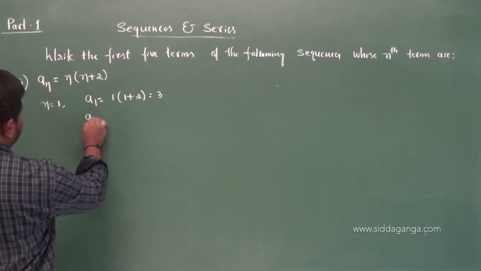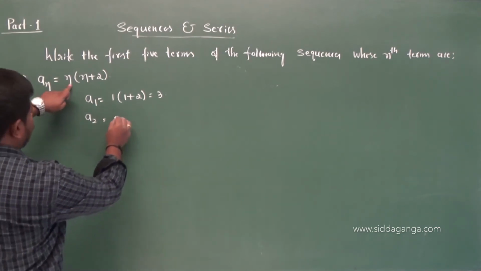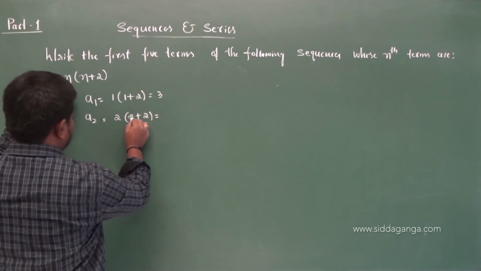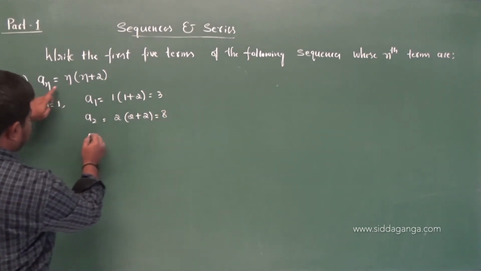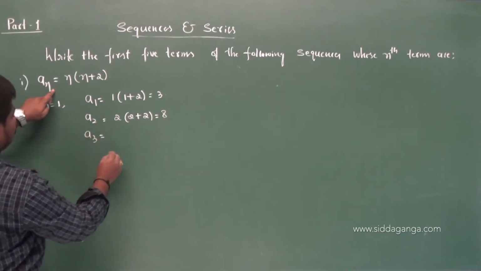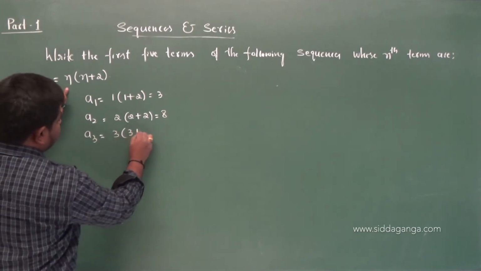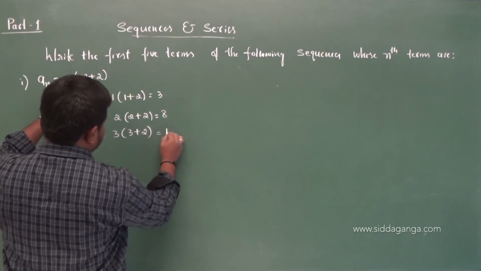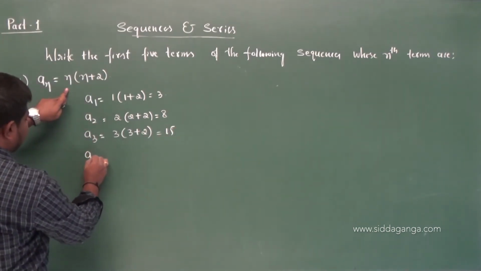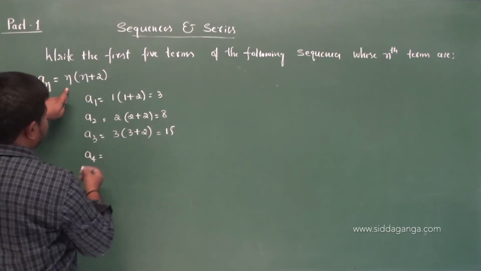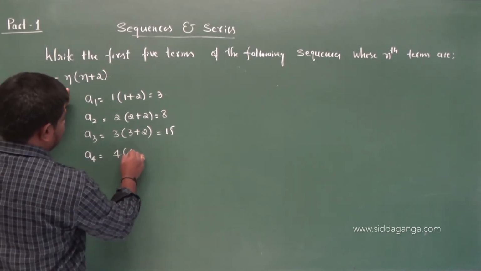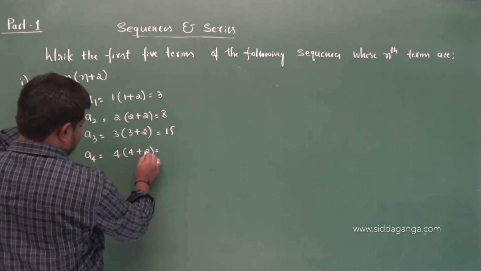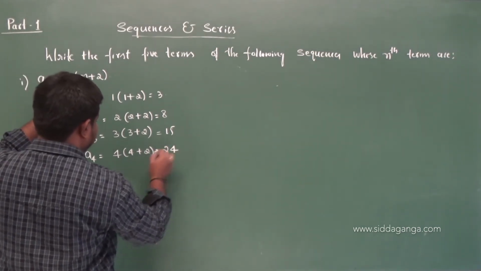Next, a2, when n is 2: 2 into 2 plus 2, that is 8. And a3: 3 into 3 plus 2, substituting 3 in place of n, so 3 into 5 is 15. The fourth term, a4, is 4 into 4 plus 2, that is 24.